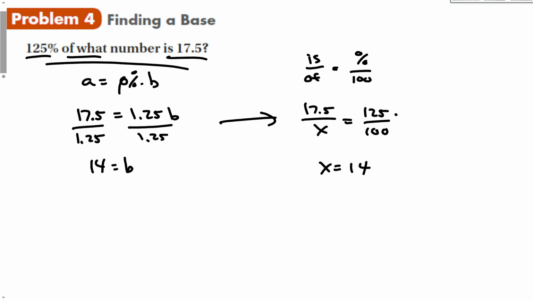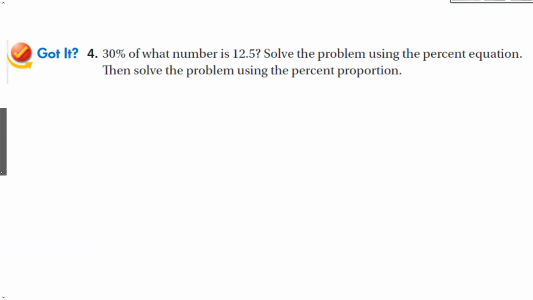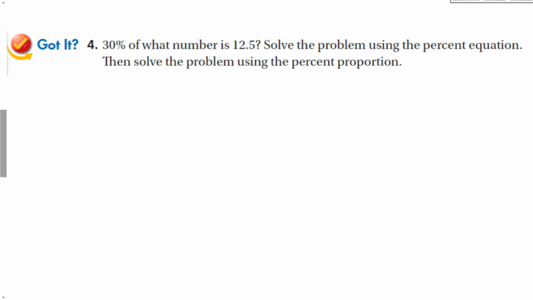Okay, let's look at our got it problem. 30% of what number is 12.5? So 12.5 is equal to 0.3 times some number. Or if I want to set it up with a percent proportion, we would go is 12.5 over of is equal to the percent over 100. Okay?